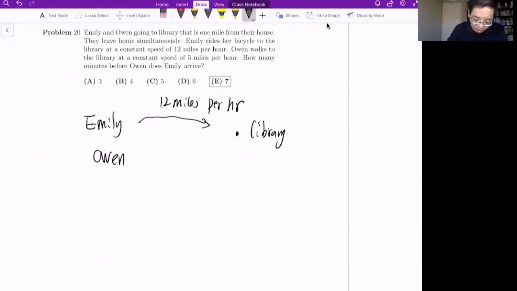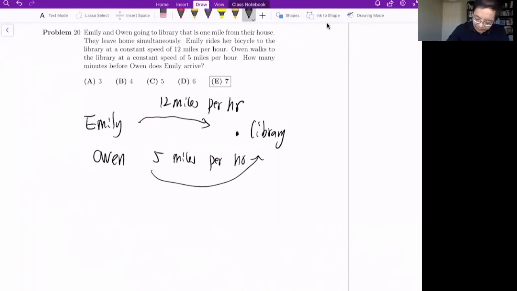Owen walks to the library at a speed of 5 miles per hour. Now, of course, Emily will arrive there early. The question is how many minutes before Owen does Emily arrive, right?